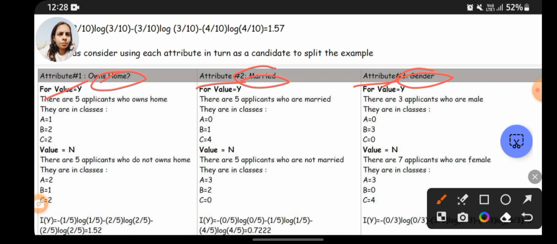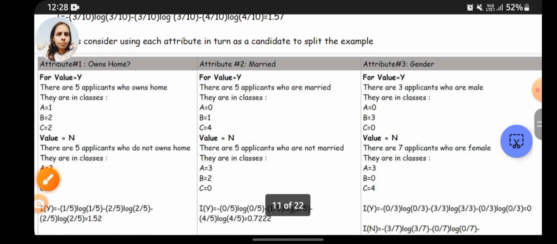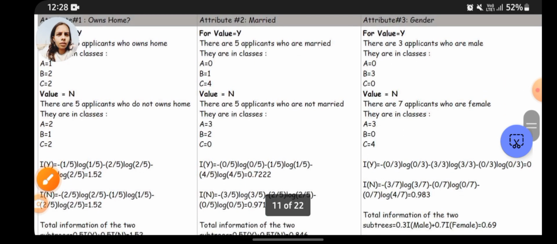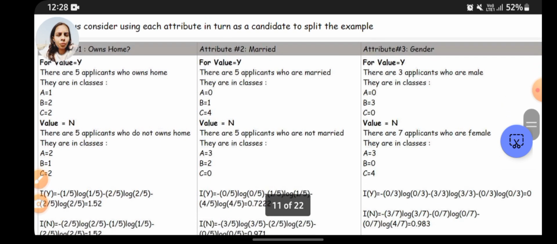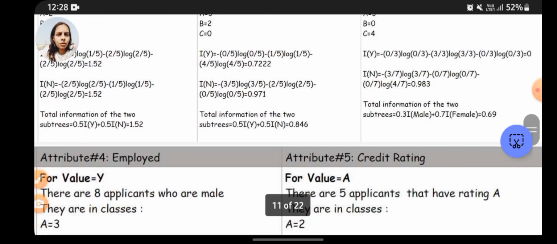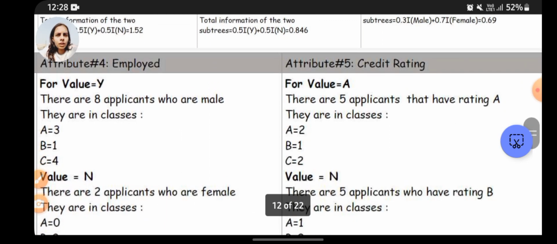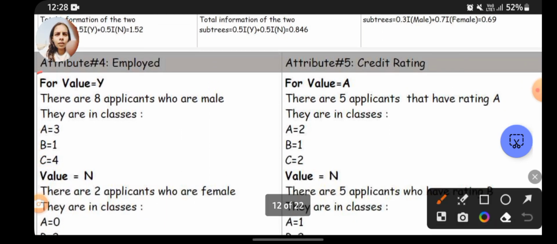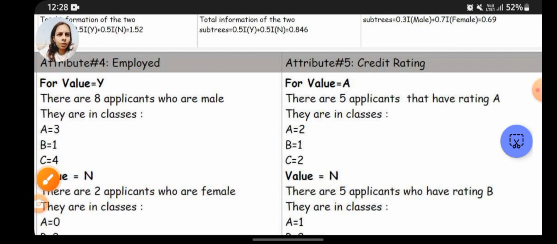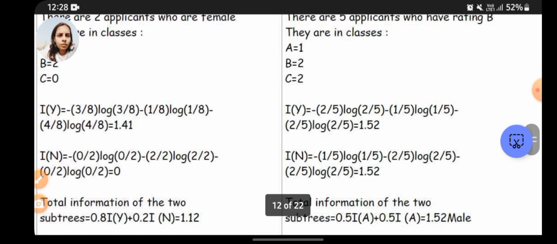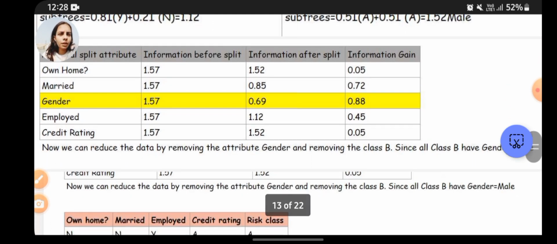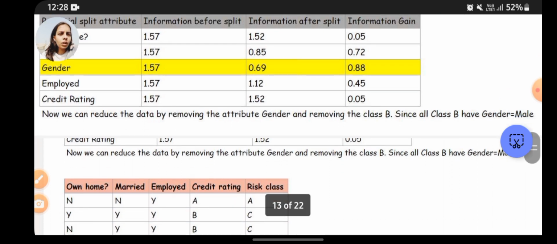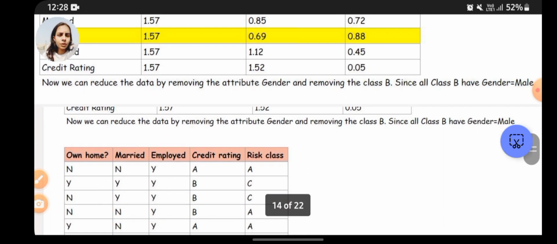These are the 3 attributes that we have, and these are the split examples of the attributes. Now attribute 4 is employed, attribute 5 is credit rating, and these are their split examples. Now we can reduce the data by removing the attribute gender and removing class B, since all class B have gender equal to male.